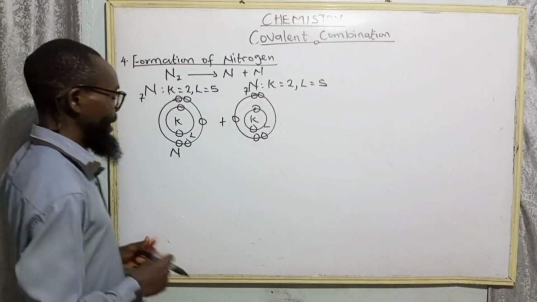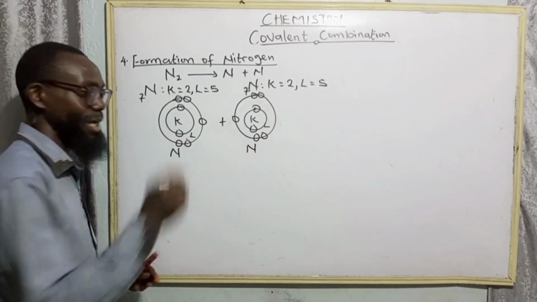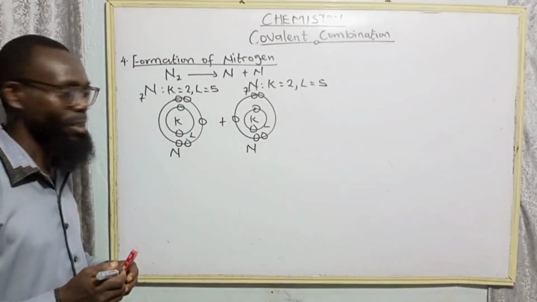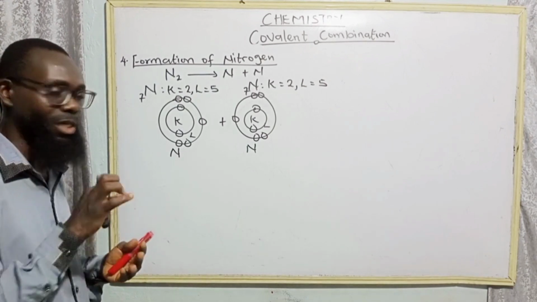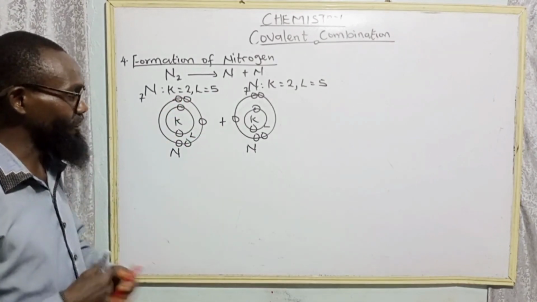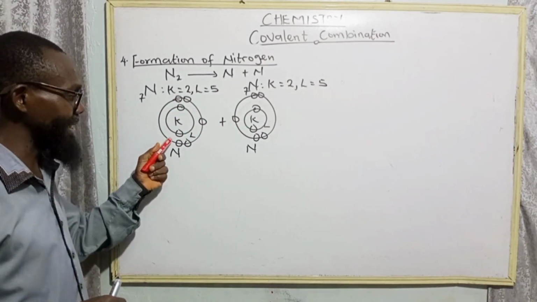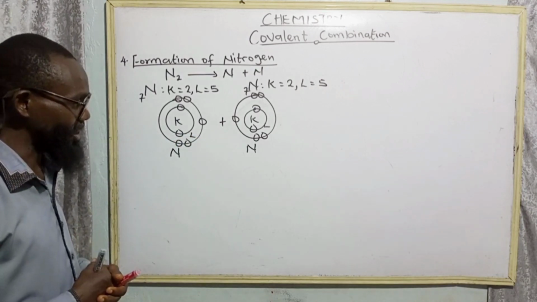Now, each of these atoms wants to attain an octet, that is, to have 8 electrons in their outermost shell. This is having 5, this is having 5. To complete 8, this one needs 3 electrons, and this also needs 3 electrons.